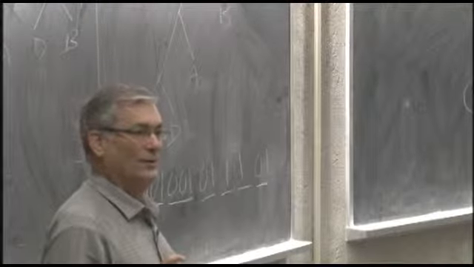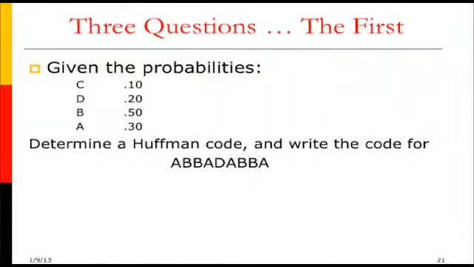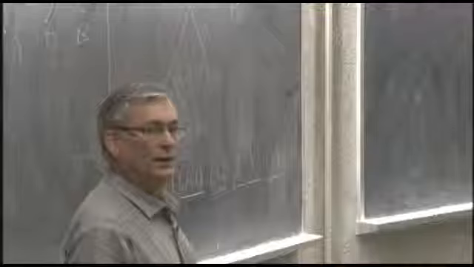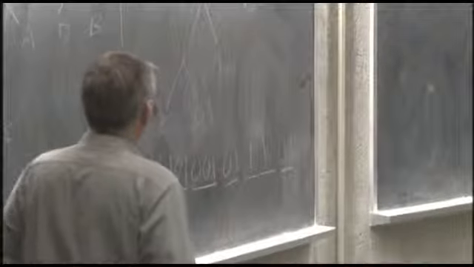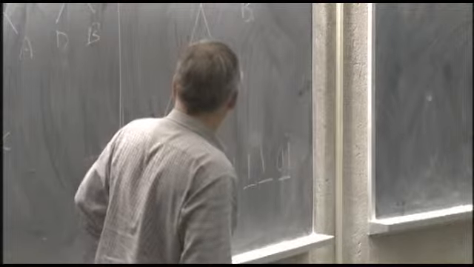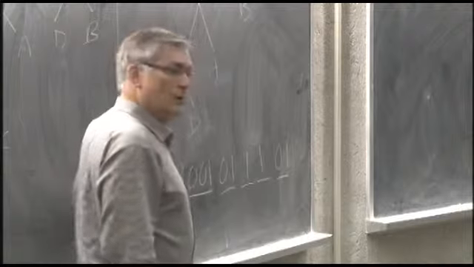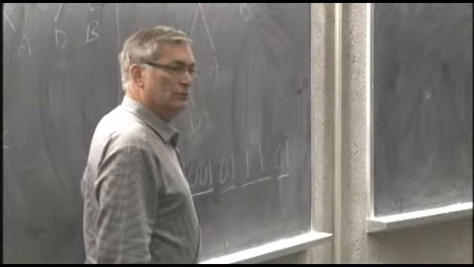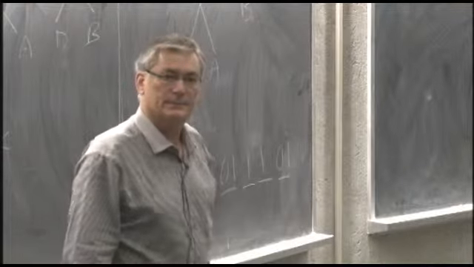Now, the advantage of the fact that there's more than one correct answer to this: if you had a different one and flipped things around, you would see that an A will be of length 2, no matter which way you oriented the zeros and ones.